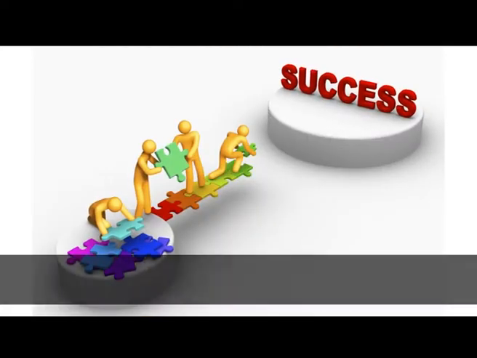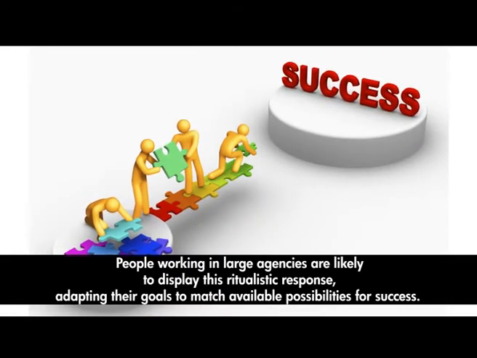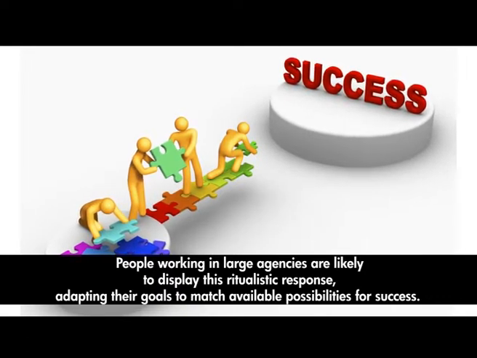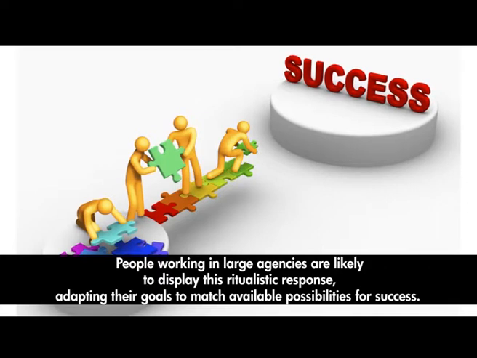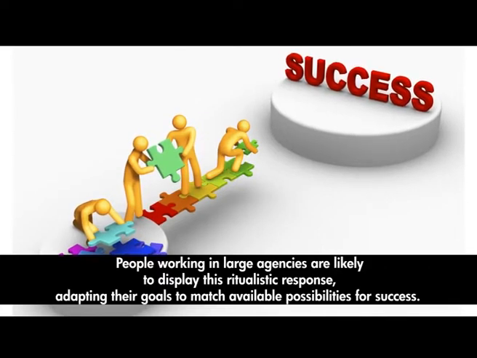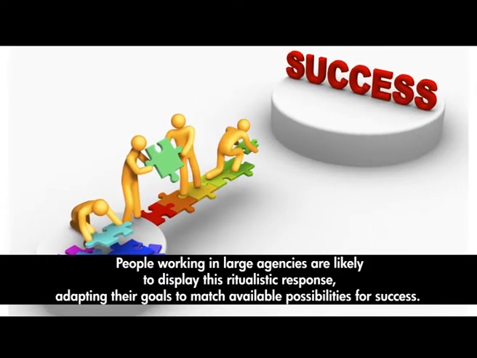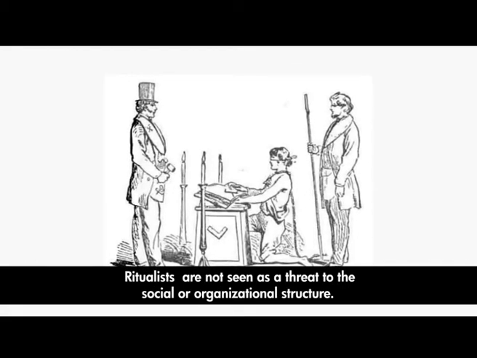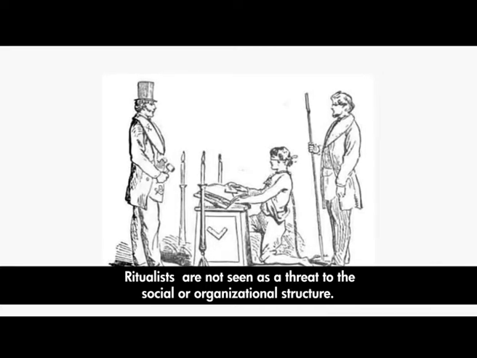People who work in large agencies like governments, for example bureaucrats and administrators, are likely to display this ritualistic response, adapting their goals to match available possibilities for success. They are supposed to maintain conformity to socio-cultural norms and not to violate the law. In general, ritualists are not seen as a threat to the social or organizational structure.